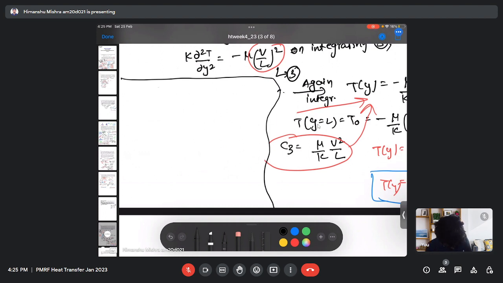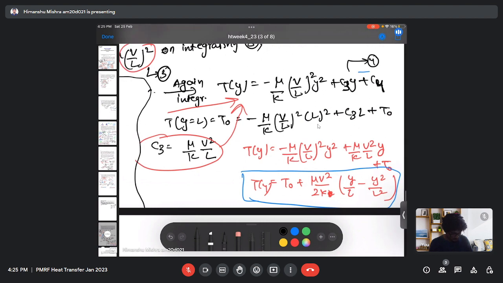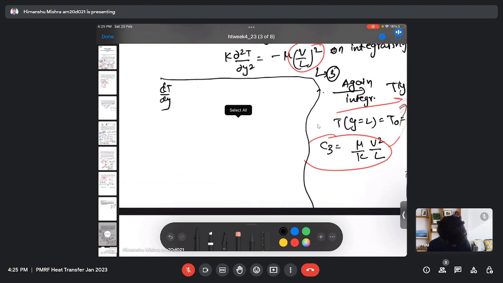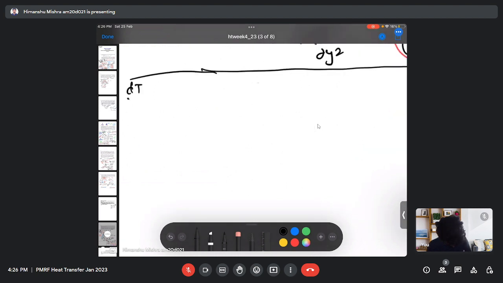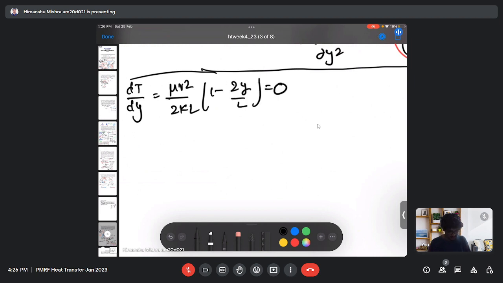So I differentiate equation 4 to determine dT by dy, or the slope of the temperature profile, which is equal to 0, and I need to define the location.